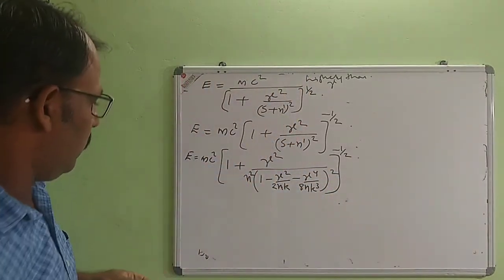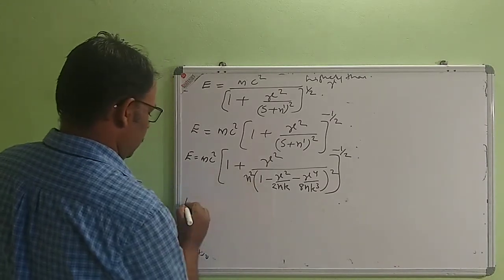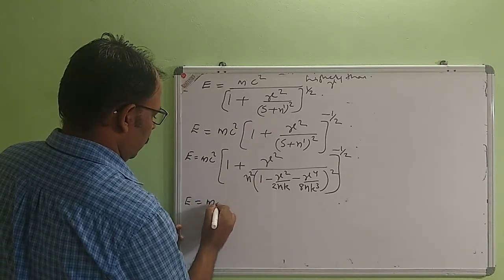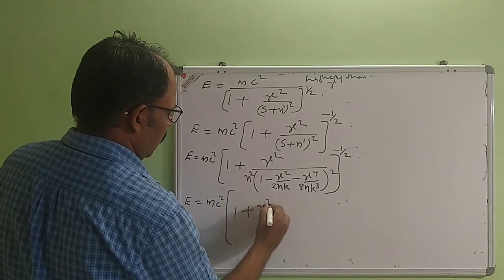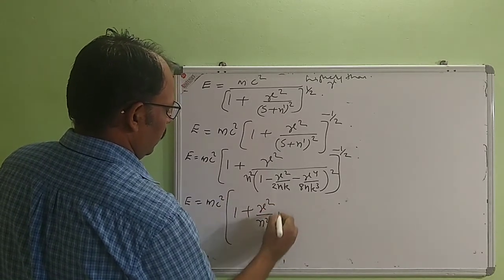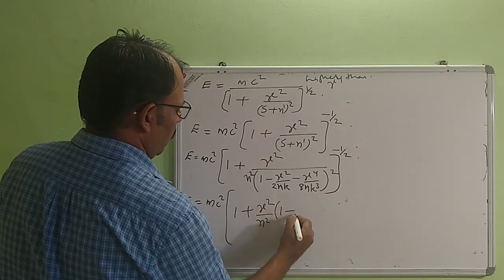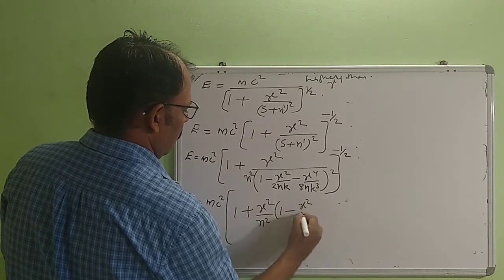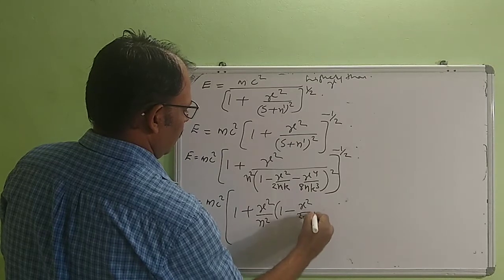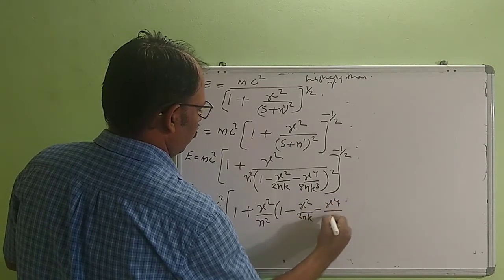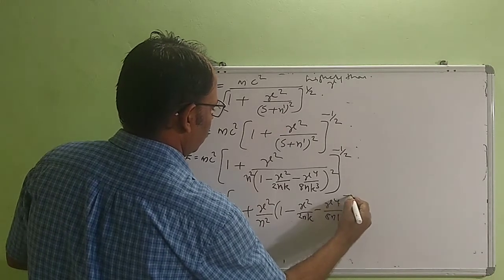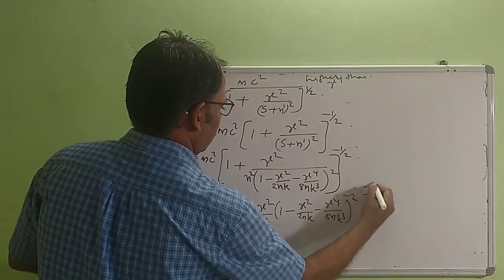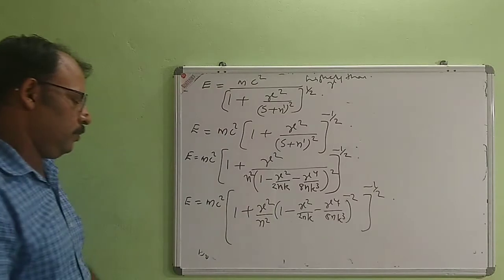So when I take this term to the numerator, this will be E is equal to mc square into 1 plus gamma square by n square into 1 minus gamma square by 2nk minus gamma raised to 4 by 8n cube, the whole raised to minus 1 by 2.